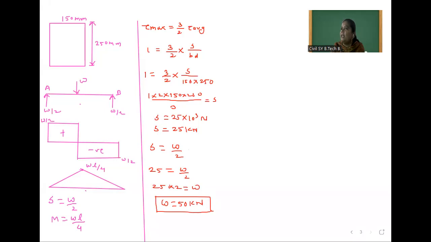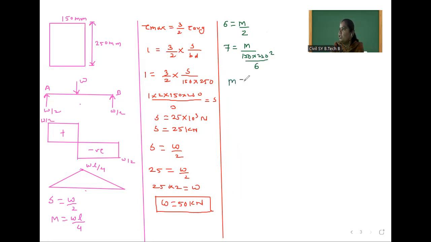For calculating the span you have to apply the bending stress equation. The bending stress equation is sigma equal to M by Z. From this equation we will calculate M and after that we will calculate L. So sigma is given as 7, which is equal to M as it is, and the section modulus for a rectangular section is BD square by 6, that is 250 square divided by 6.